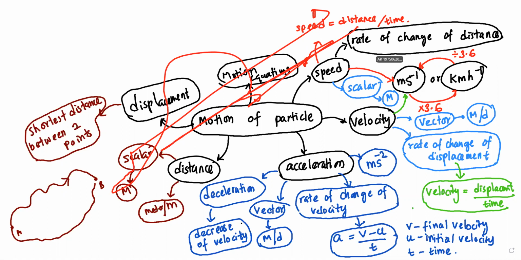When we go from A to B directly, that is the shortest distance it can travel. So displacement, unlike distance, has a direction. Displacement is a vector, distance is a scalar. That is the main difference between distance and displacement.